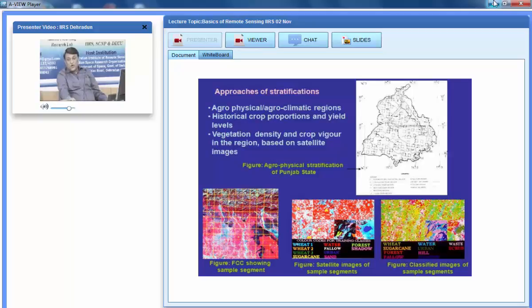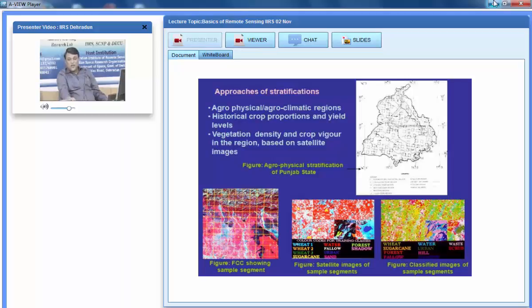So only the 10 by 10 kilometer or 7.5 kilometer sample segment corresponding satellite images are used for the classification, and then various crops including wheat 1, 2, 3.